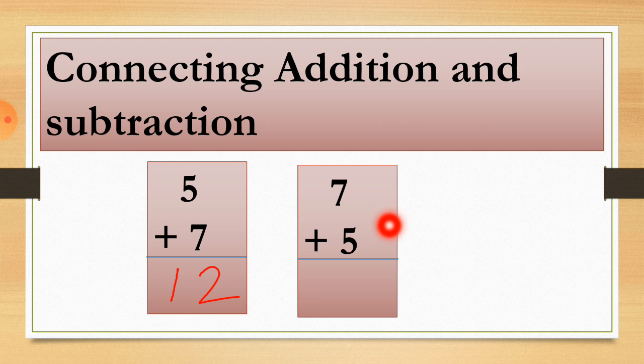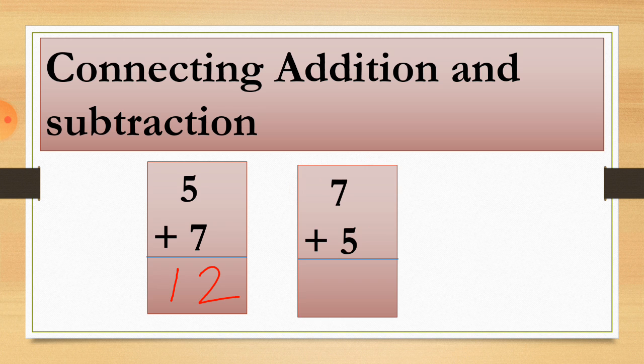Now let's move to this sum. In the first sum we took 5 first, and in this sum we take 7 first. Here we add 5 to 7, so we count 5 steps after 7. Let's count, and you also count with me.